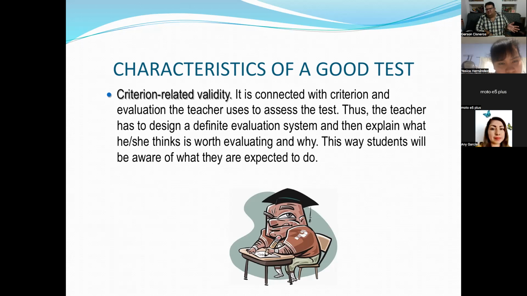Make it simple. Okay? And it's easier for your students. Right? It's a suggestion only. You decide, but the criterion validity is when a student knows the exact percentages and the exact points for each question or section. Okay?